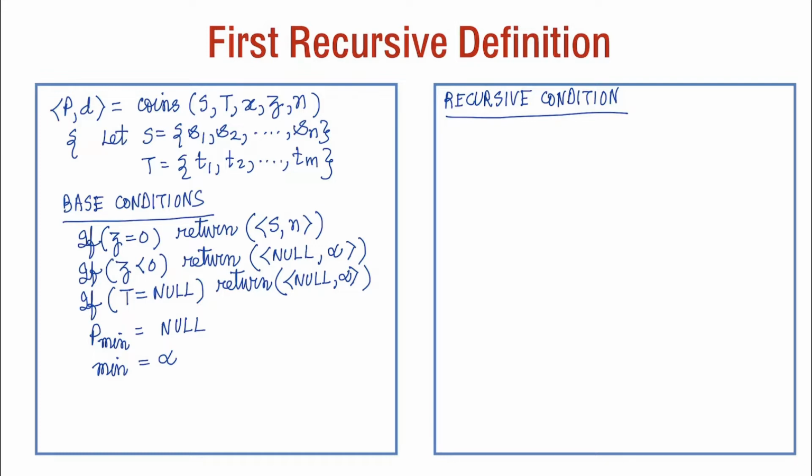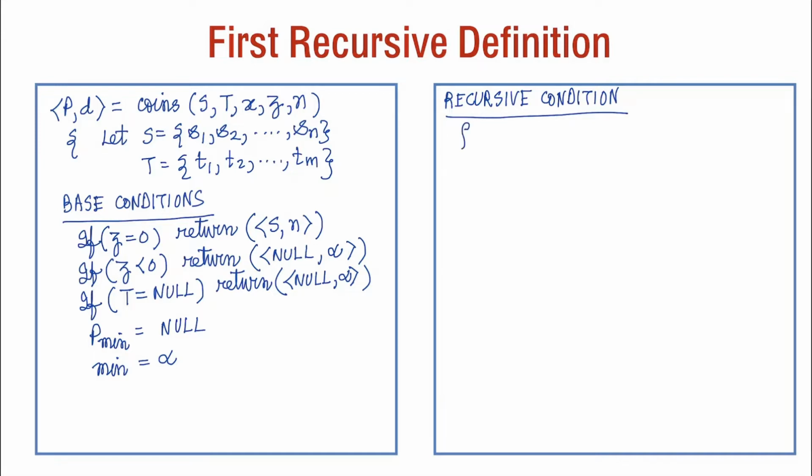Now the idea is that we will choose every coin from t and add it to S and recurse. That means we will choose one by one, we will choose one coin from t, add it to S and call the recursion. And we will do this for every value. We will get the return values from here, and from these return values we will find the minimum.